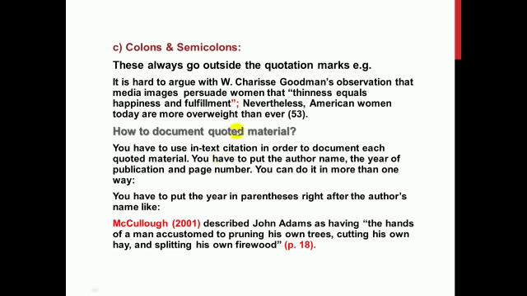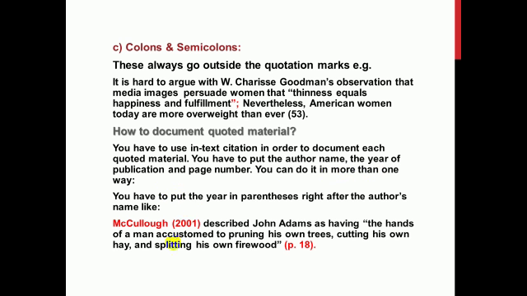In order to document each quoted material, you have to put the author name, the year of publication, and page number. You can do it in more than one way. In this case we have more than one way, and I have to follow the more suitable one.